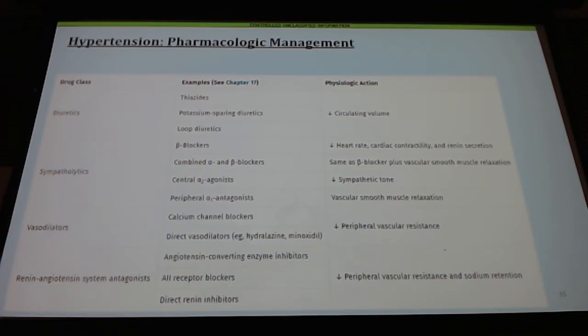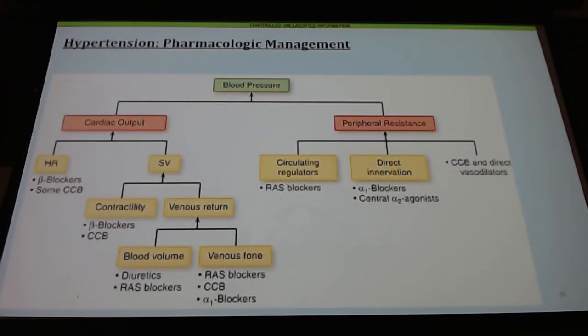This should not be new to you, but you have your diuretics, your sympatholytics, your vasodilators, and your RAS antagonists. There's multiple medications involved in each of these classes, and we'll talk about what our primary ones are and what maybe are adjunctive ones that we can prescribe to our patients.